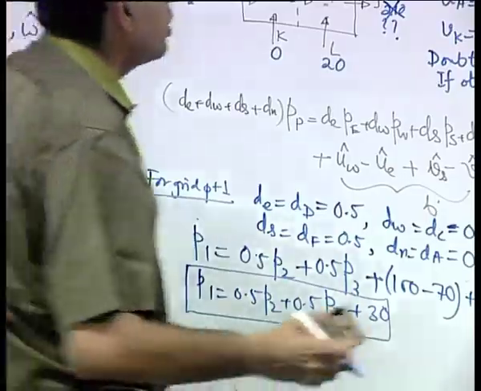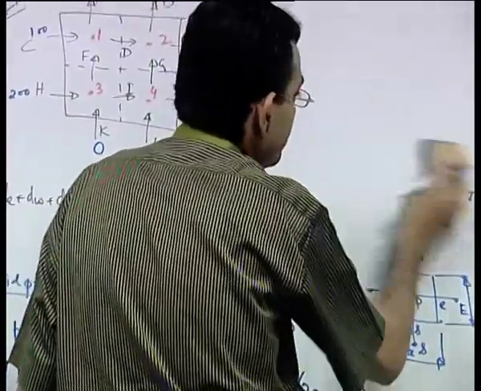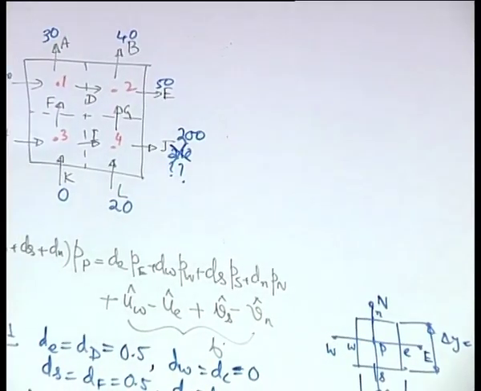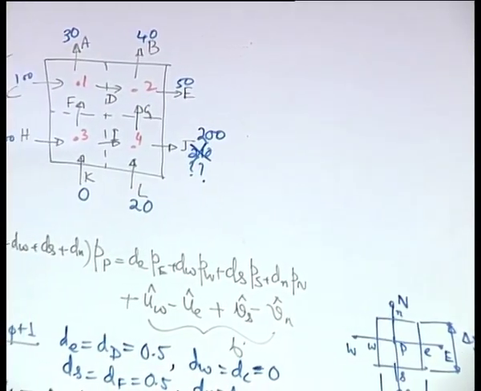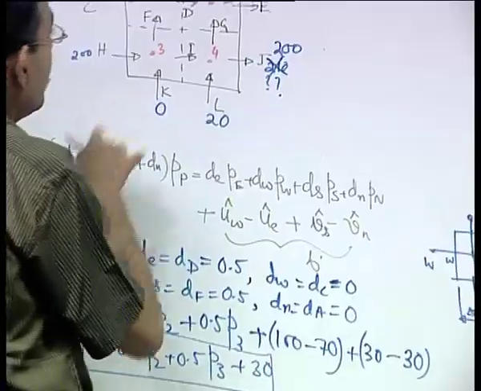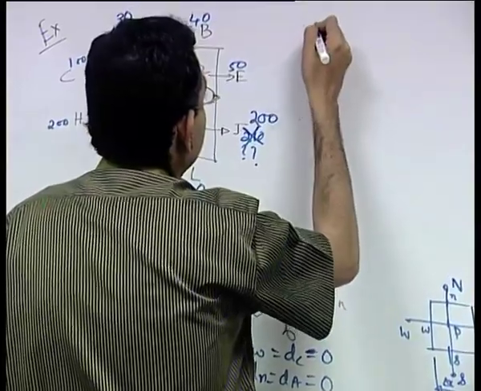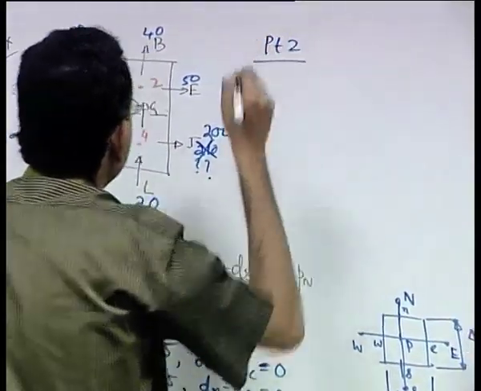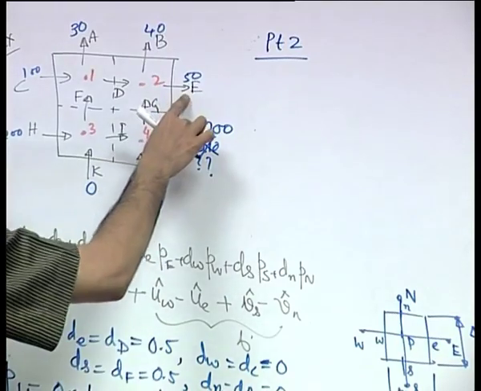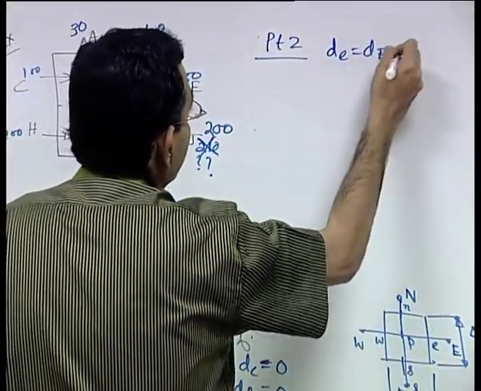Similarly, we will get equations for P2, P3 and P4. Let us try to write those a bit quickly because now we know how to write that. So for 2, what is DE? DE is 0 because UE is given.